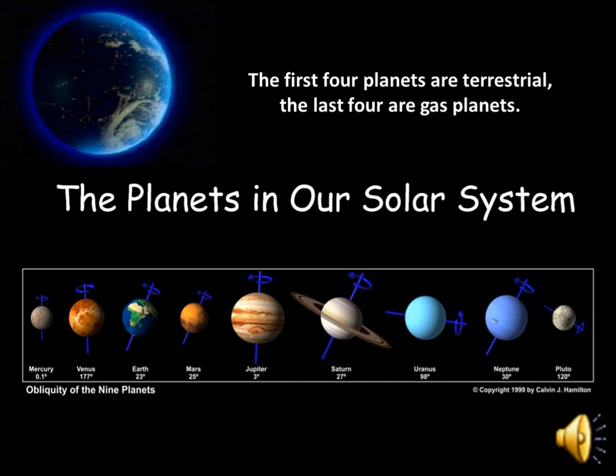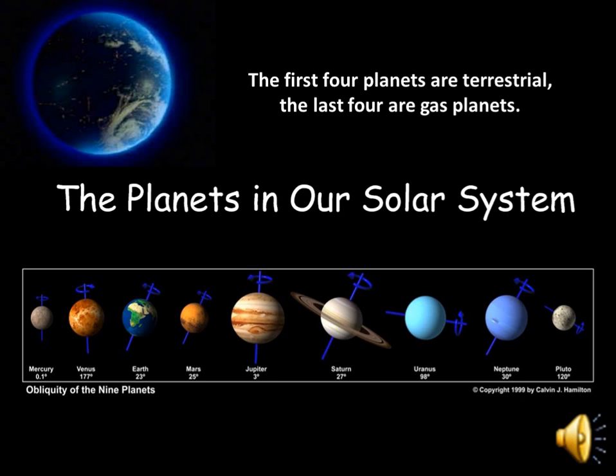Here's a picture of the number of planets that are in our solar system. The first 4 planets are referred to as terrestrial, as they are land-based planets. The next 4 are referred to as gas planets, and they're much larger.